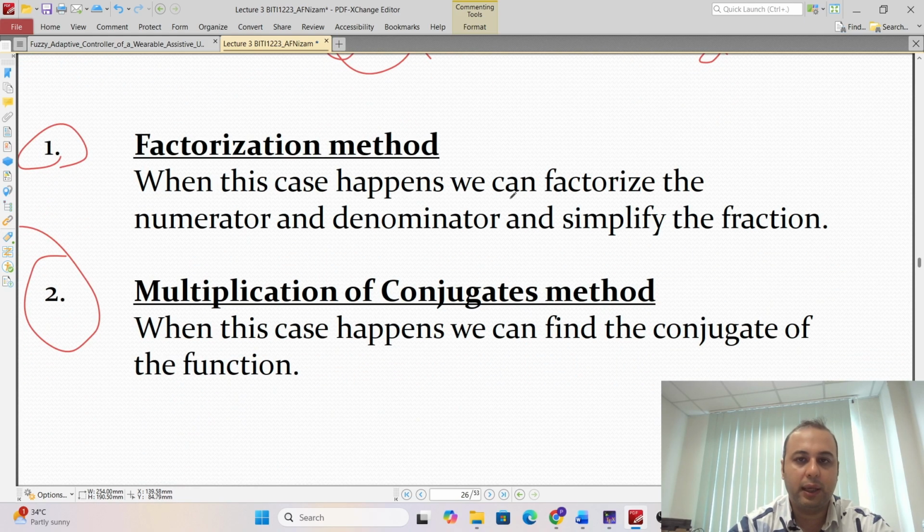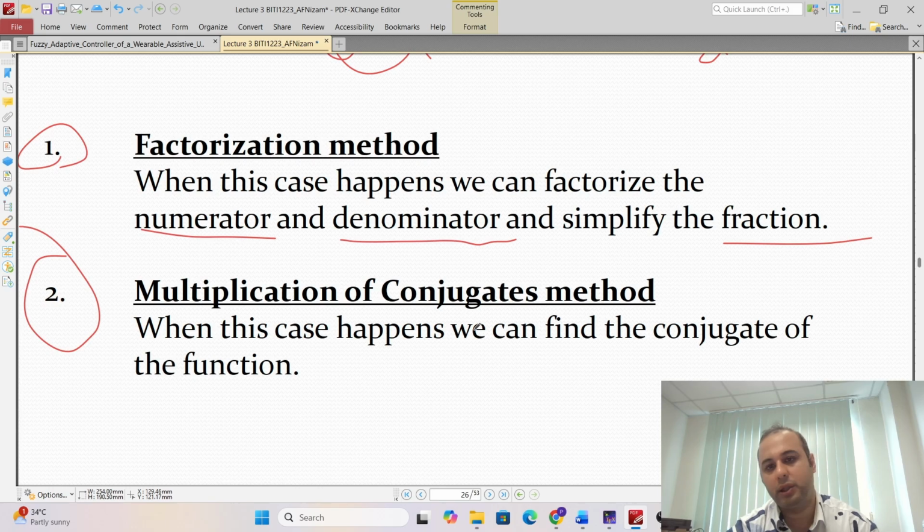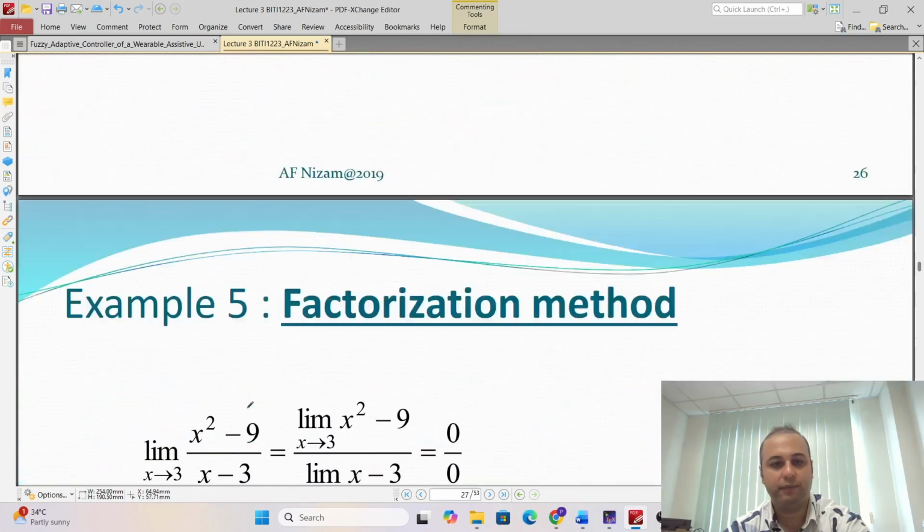So when this case happens, we can factorize the numerator and denominator, meaning the top side and the bottom side, and simplify the fraction. Okay, the other is the multiplication of conjugates method. So when that happens, we can find the conjugate of the function.